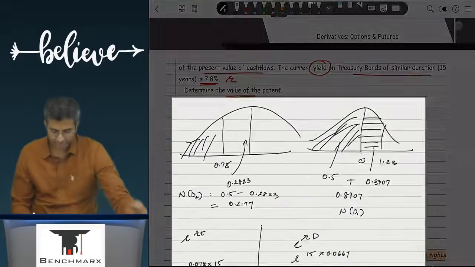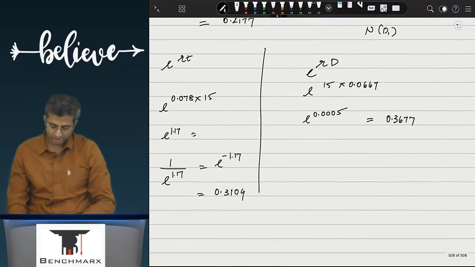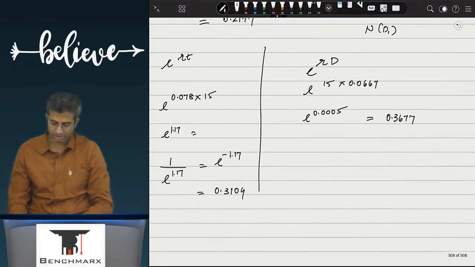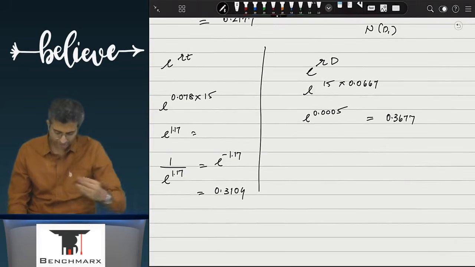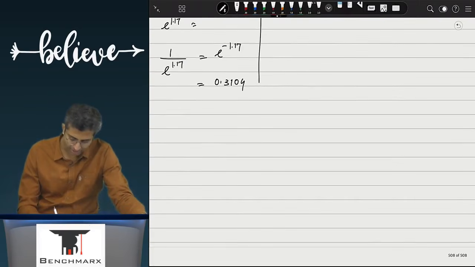So over here, if I just apply these numbers now, when I look at the spot price, it is 16.7, and you have e raised to RT.